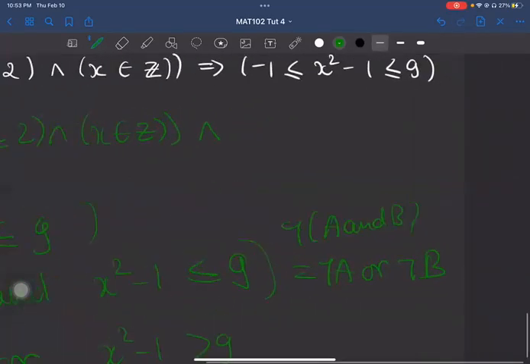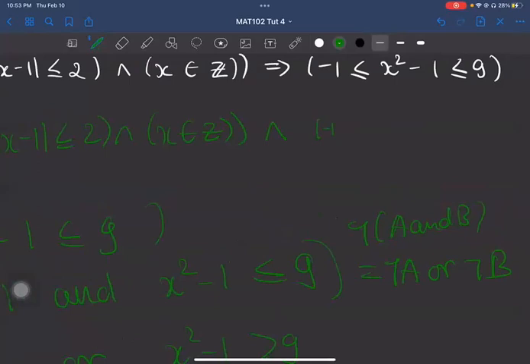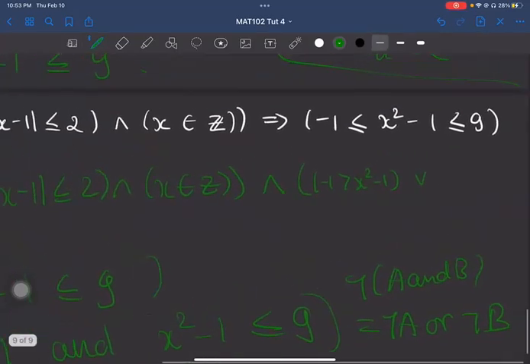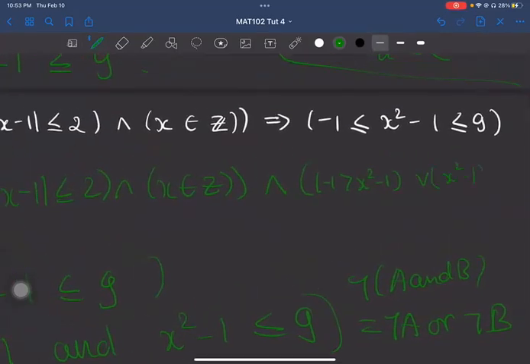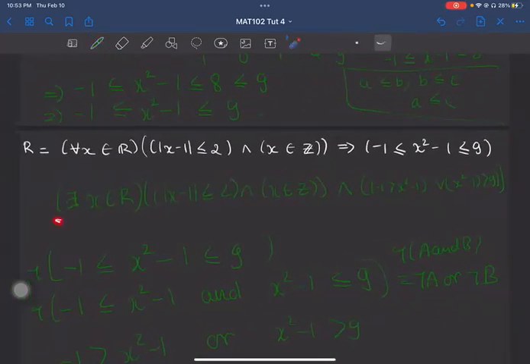So here I will have negative 1 greater than x squared minus 1, or x squared minus 1 greater than 9. So this one is the negation that we have to find.